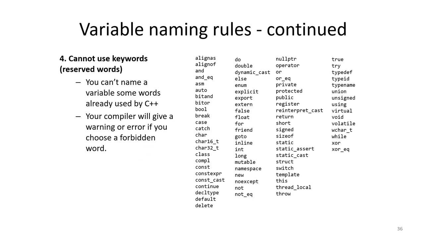Last variable rule. You cannot use keywords or reserved words for a variable name. Here is a list of some C++ keywords or reserved words. These cannot be used for variable names.